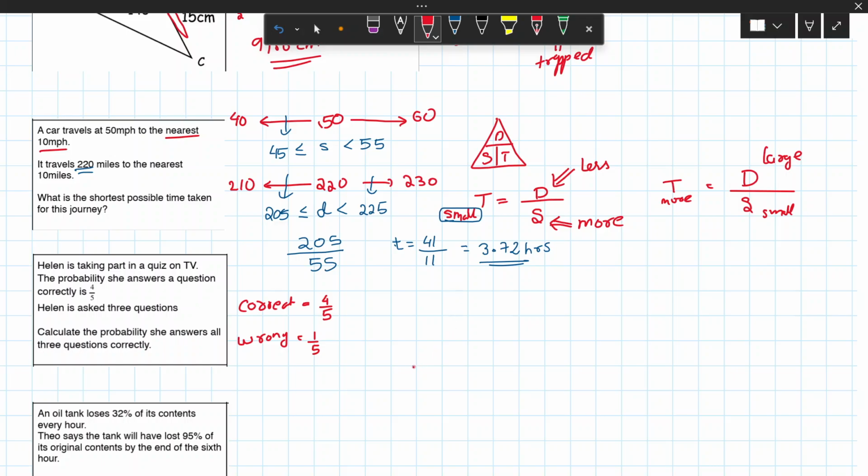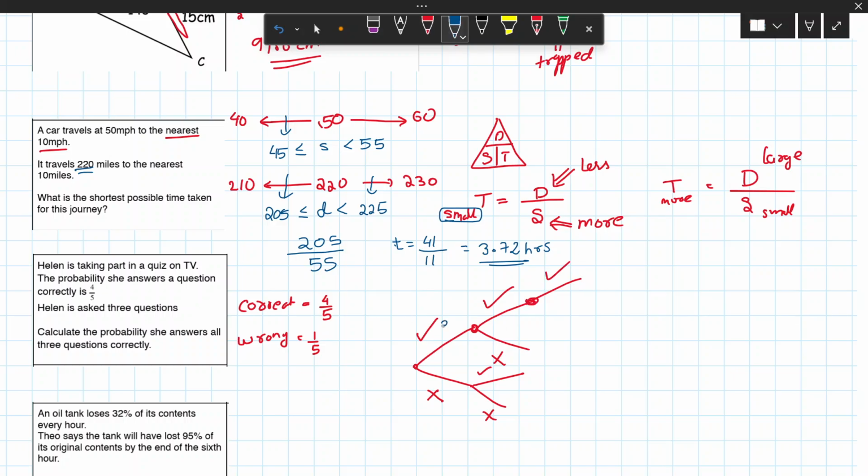So if we try to think of this as a probability tree, you want correct, let's say this is incorrect, but you want all the 3 to be correct, right? So we're not interested in any of the other branches that we get from the tree. We are only interested in this one, which is the correct.